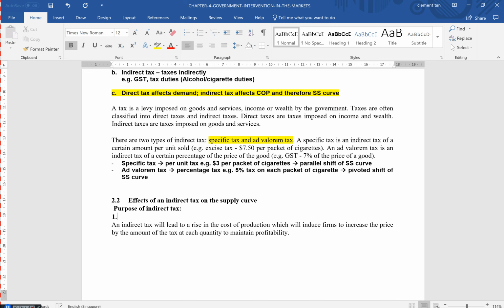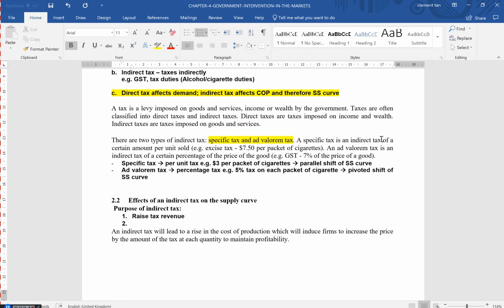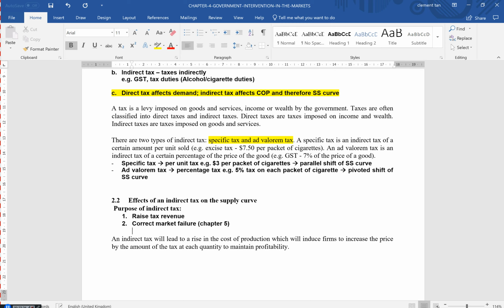Number one, it is of course to raise tax revenue. Number two, it is to correct market failure, which is in chapter 5.